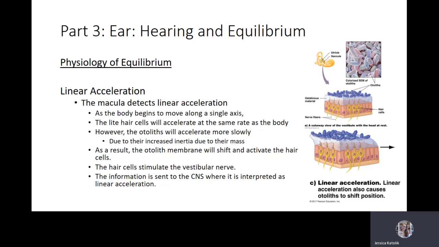So the fact that the otoliths are heavy compared to the hair cells, and they accelerate more slowly than the hair cells, will cause the hair cells to become activated and be detected by the ear and the brain.